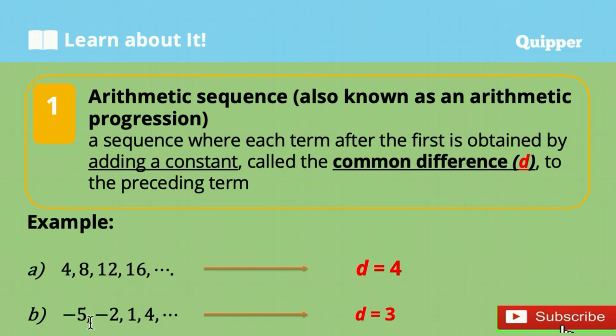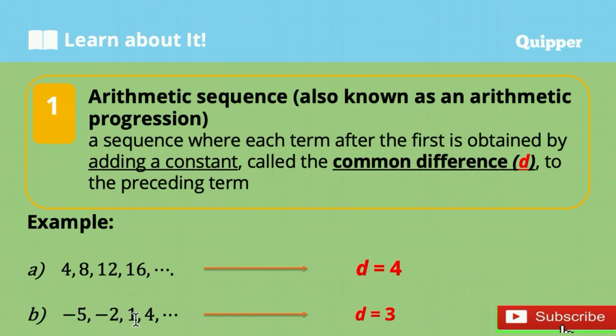Next example is -5, -2, 1, 4, and so on, which has a common difference of 3. Again, to get the common difference, we just subtract the first term from the second term, and that is -2 minus -5, which is +3.